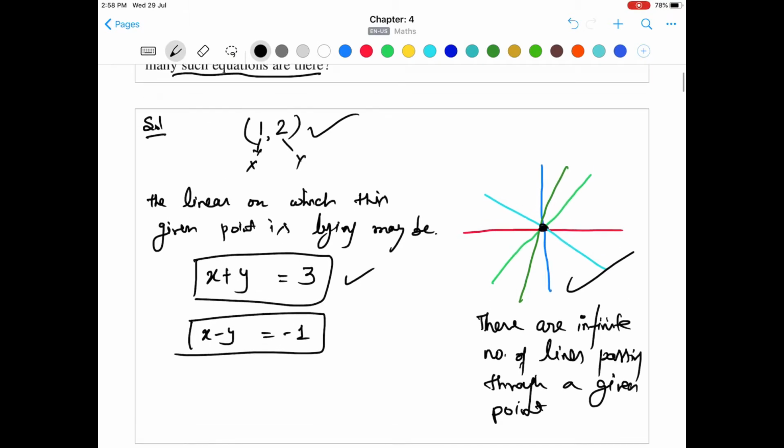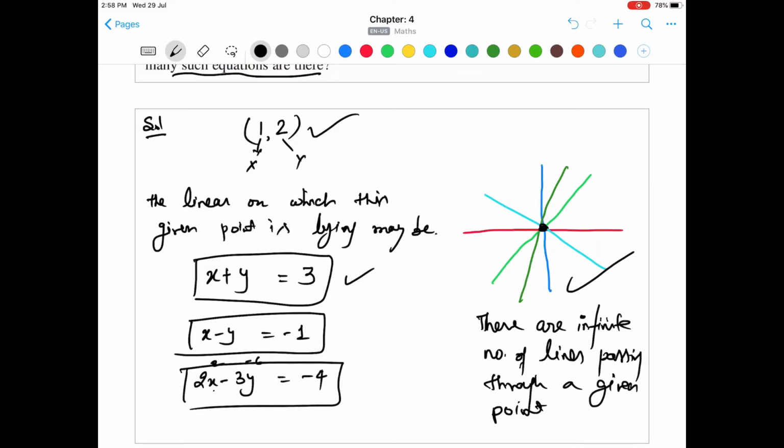You can also write it like this: 2x minus 3y. x is 1, so this will be 2, and minus 3y, y is 2, so 2 minus 6 will give us minus 4. So these are some of the equations on which this point is lying.